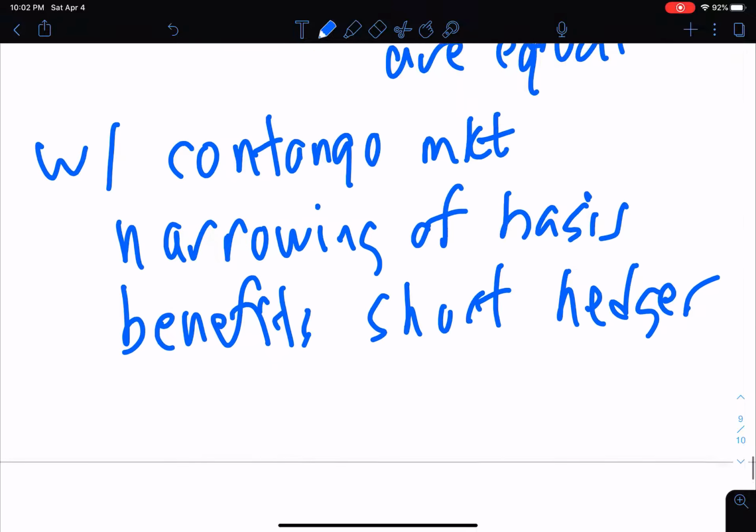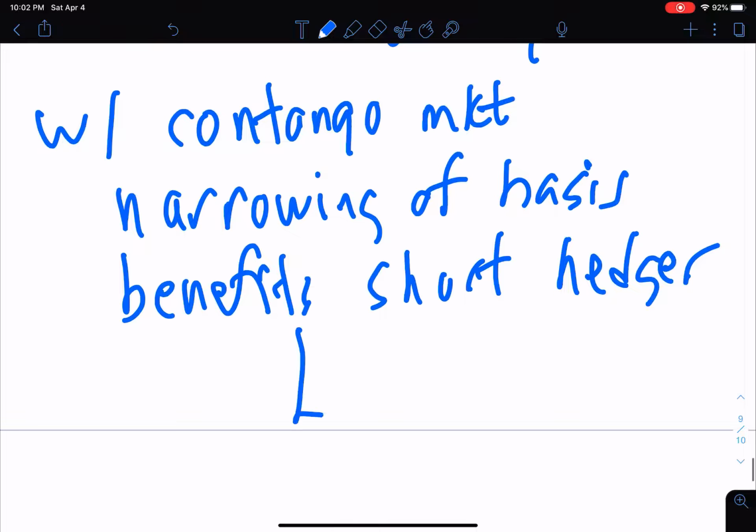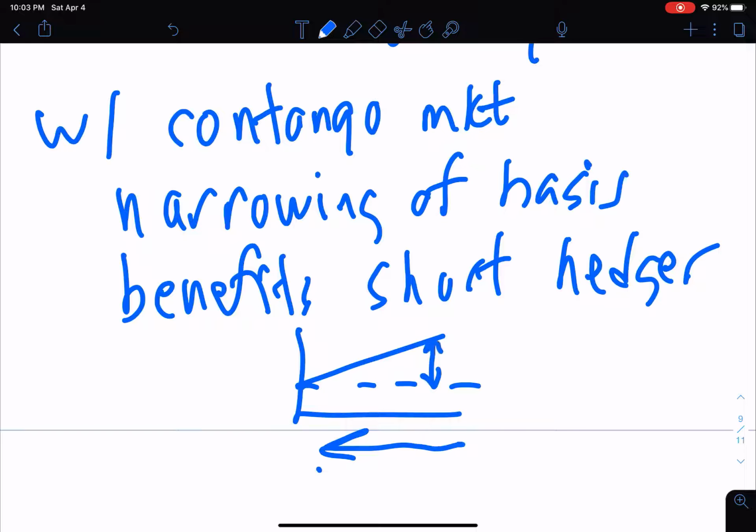Okay, so that can be shown like this. There's a contango market. This dashed line is the spot price, and as expiration approaches, which means as time passes, we go in this direction. The basis is narrowing.